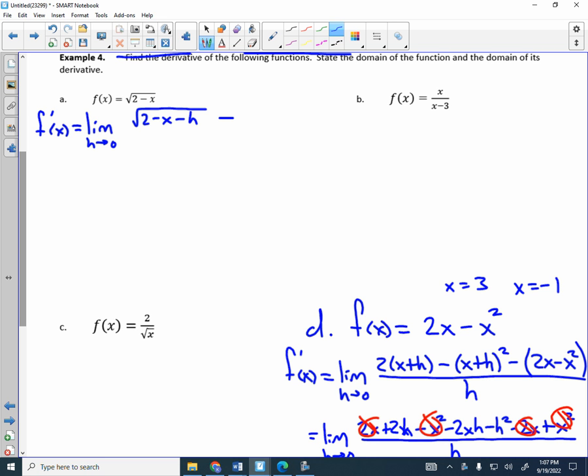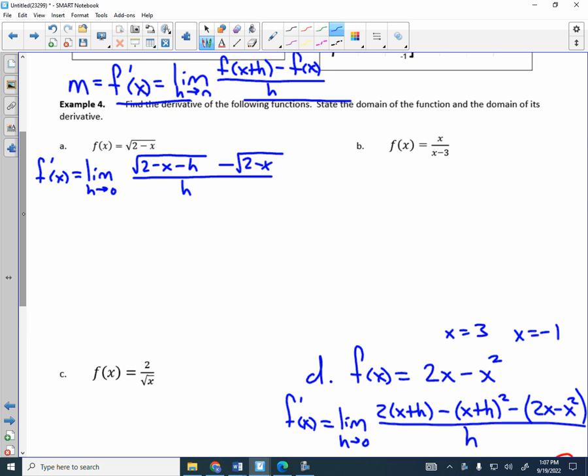Minus what? The function, so square root of 2 minus x, all over what? H. Now, it worked out, yes. So pretty much. Oh, I get it now. Okay. So anything that has x in it, plug in minus x. Plug in x plus h.